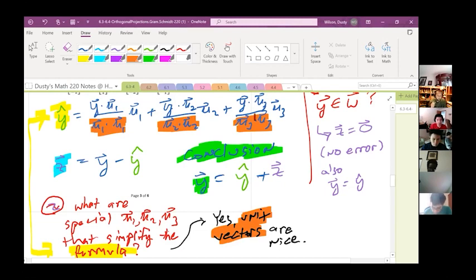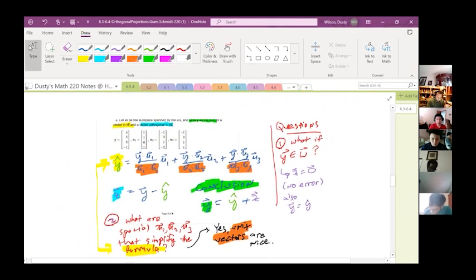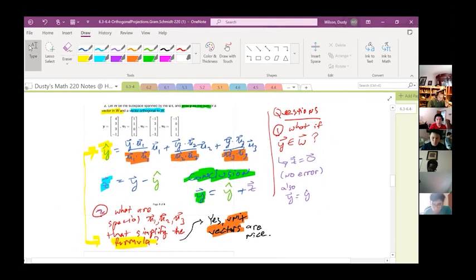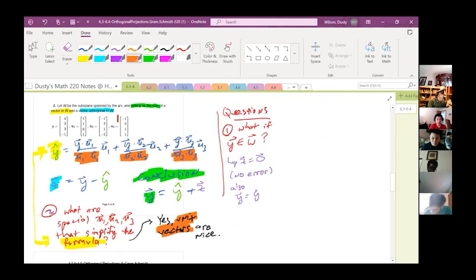If you happen to have y be perpendicular to u1 or u2 or u3, that would be nice, but you don't have very much control over what y you're given, right? But what we do have control over is the basis we're working with, and it's pretty easy to turn things into unit vectors. Like, for example, what would we need to do if we wanted to take that u3 vector and turn it into a unit vector? What would I need to do?